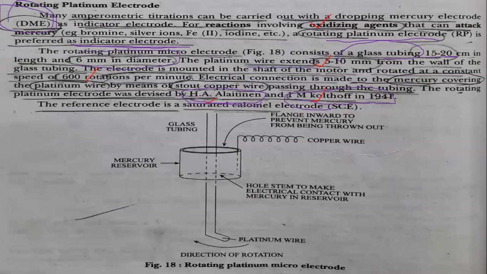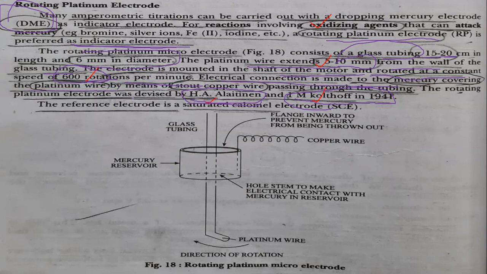The platinum wire extends 5 to 10 mm from the wall of the glass tubing. The electrode is mounted in the shaft of a motor and rotated at a constant speed of 600 rotations per minute. Electrical connection is made to the mercury covering the platinum wire.